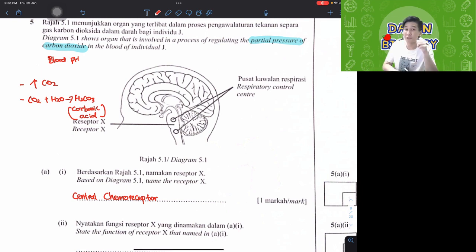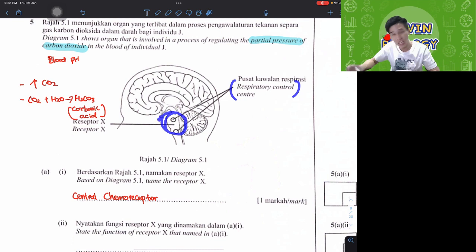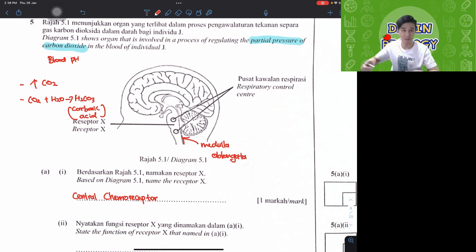So there are 2 chemoreceptors. One is called peripheral chemoreceptor, located in your blood vessel. Then it will send signal to the central chemoreceptor in your brain, which is located in the respiratory center in the medulla oblongata. Medulla oblongata is the part of your brain that controls involuntary actions, especially breathing and heartbeat.